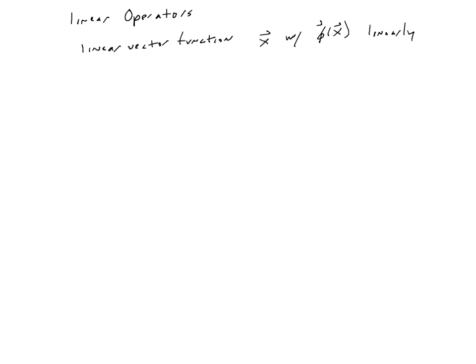And by linear, what we mean is that if you take this function phi of lambda a plus mu b, then that should be equivalent to taking lambda times phi of a plus mu times phi of b.